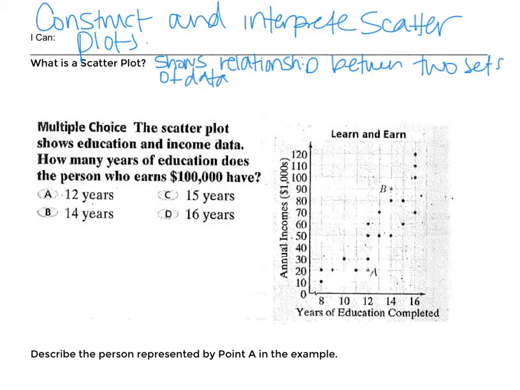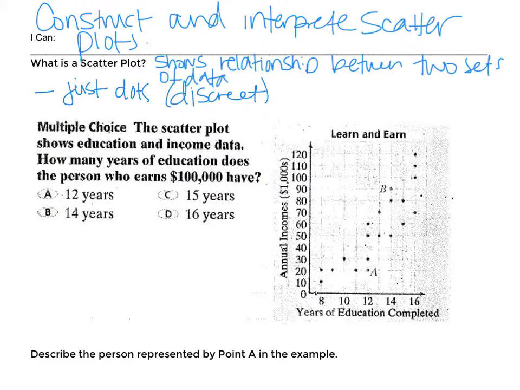So if you look at our scatter plot over here, it shows the relationship between years of education completed and how much money you make. So, a scatter plot is just dots. So again, a scatter plot is discrete.